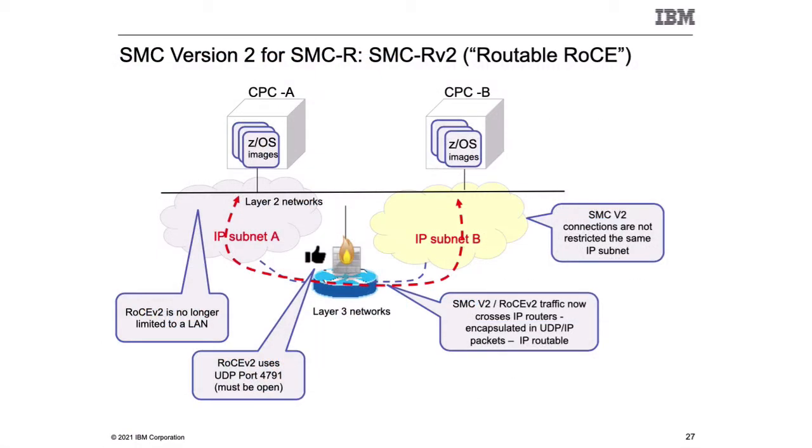So, returning to our original diagram for SMC-R, you can now see that SMC-Rv2 allows communication between peers residing in different subnets. SMC-Rv2 encapsulates the data flowing between the peers into UDP packets, allowing them to be routed. It uses UDP port 4791, so if you have any firewalls configured between the two peers, they must be reconfigured to allow this port to pass through.